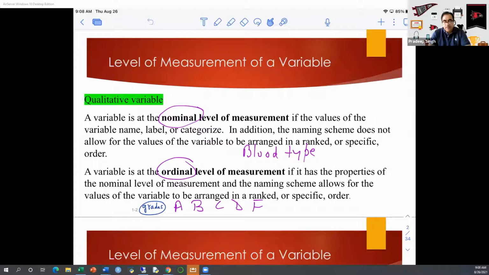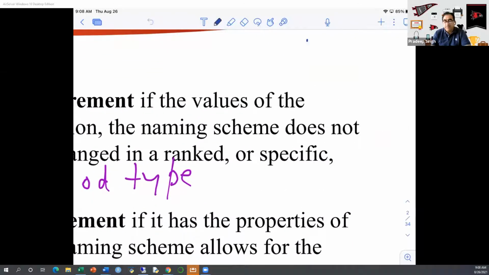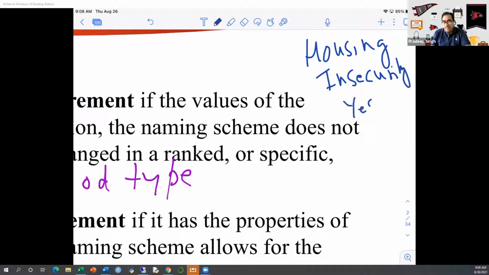The one example I talked to you about last time was housing insecurity. If you're asking whether you faced housing insecurity during the COVID pandemic, the response would have been either yes or no. So these are 2 values for that particular variable.